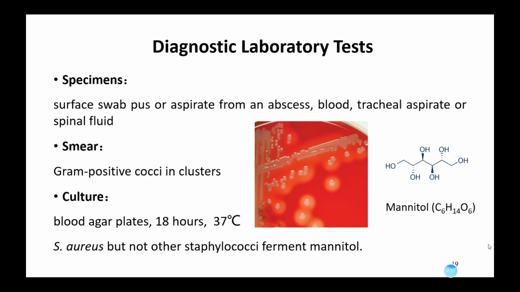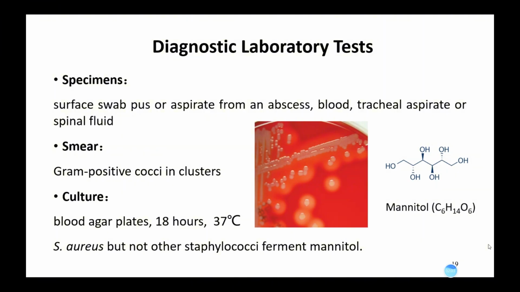So there are a lot of specimens you can use, based on your patient's real situation, such as a surface swab, using a sterile swab to collect the specimen, or you can aspirate from the abscess, the bloodstream, tracheal aspirate, or the spinal fluid. All these are possible specimens, but you don't have to collect all of them from any specific patient. You want to decide based on the actual situation.